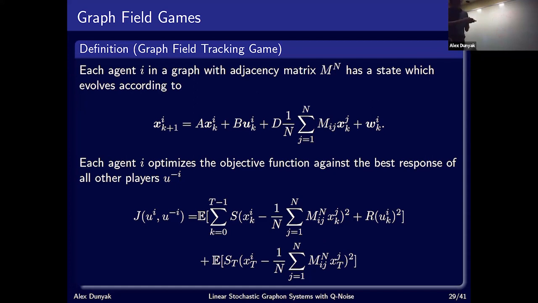Now, this is a very complicated game to solve because when you modify your control, you're affecting the states of all other nodes directly. So it's just not tractable to solve this directly.